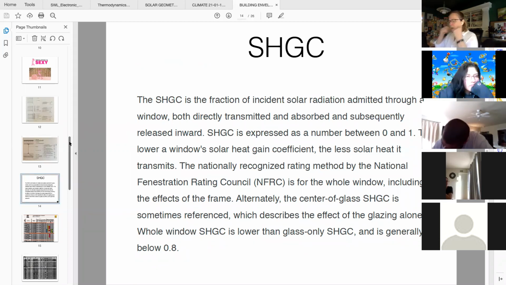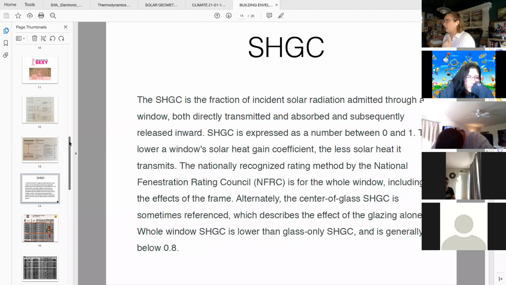One of the terms from earlier today I mentioned was the solar heat gain coefficient. This is specifically related to glazing, and it's set by the National Fenestration Rating Council. And every manufacturer of a window has to have performance data on their products in the state of California.